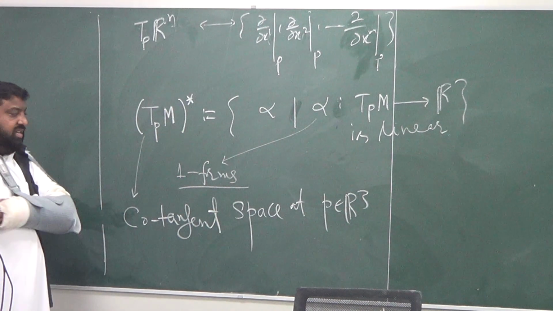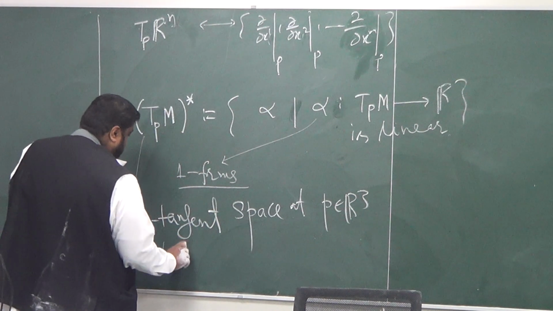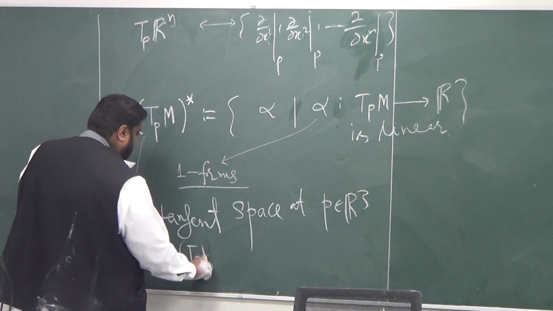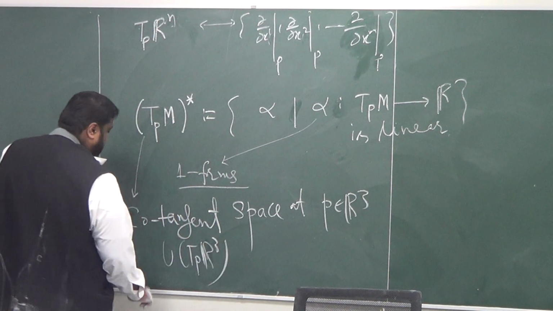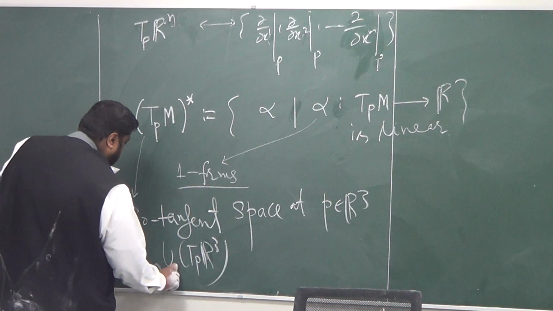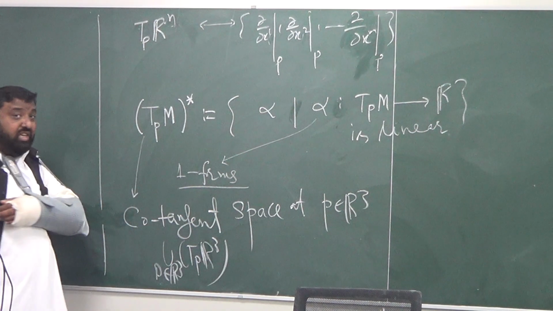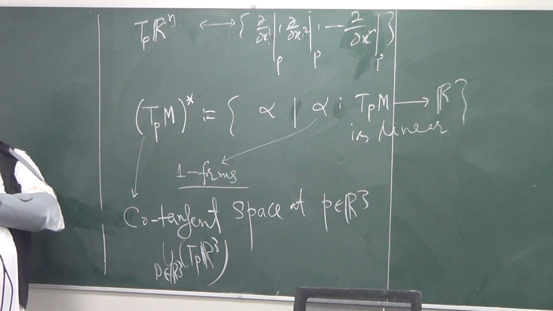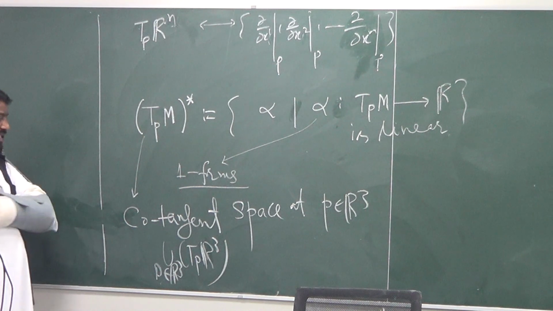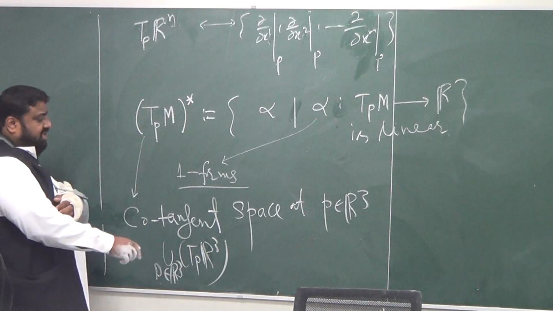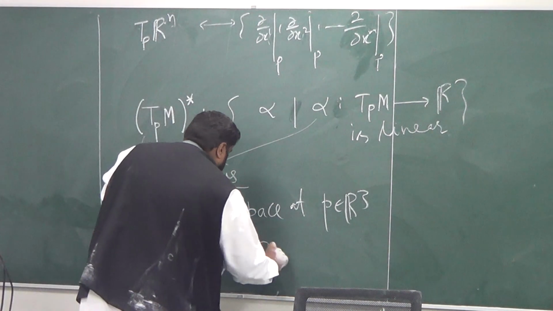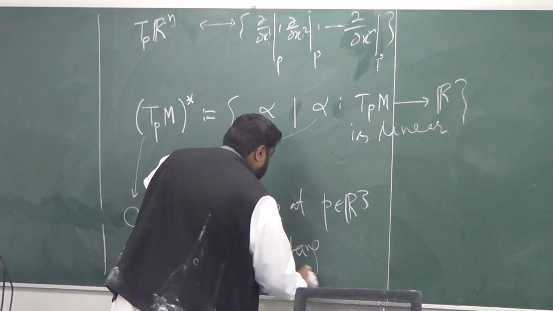Okay? And the union of cotangent spaces, P is a point in R3. What name should we give it? What do you think? If these are cotangent spaces, it should be the cotangent bundle.